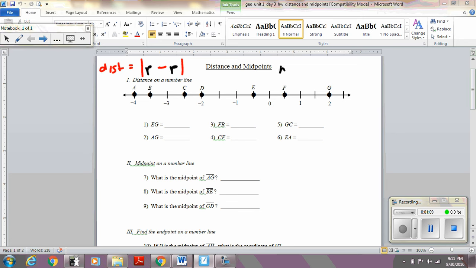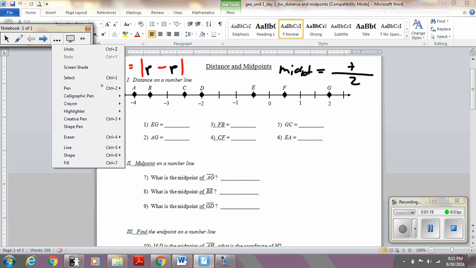And the midpoint formula, which is point plus point divided by 2.